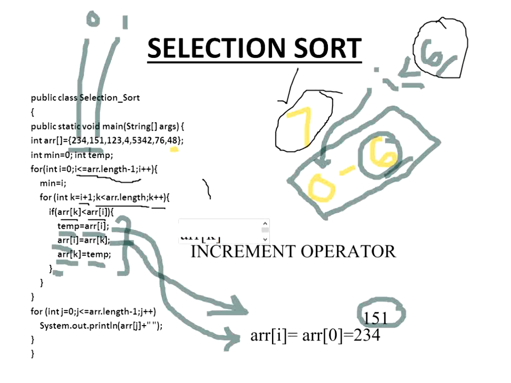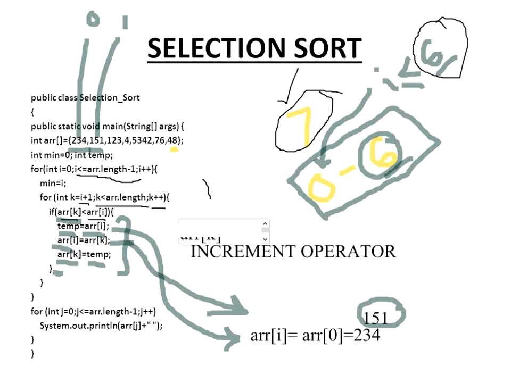So this time we will check whether k is less than ARR.length or not. Now the value of k is 2 and it is less than 6.